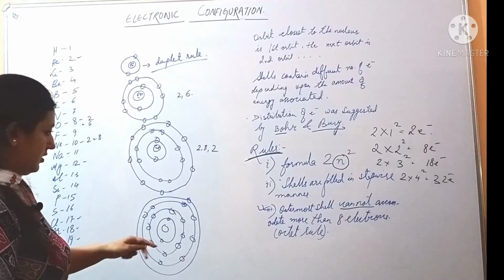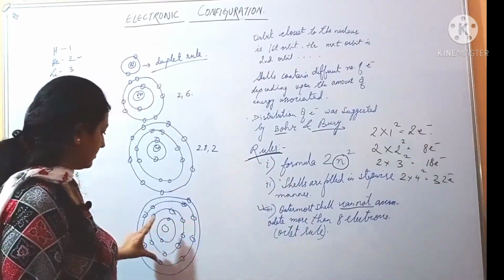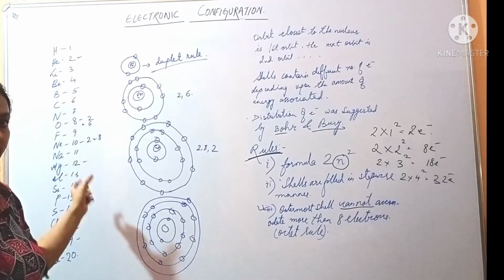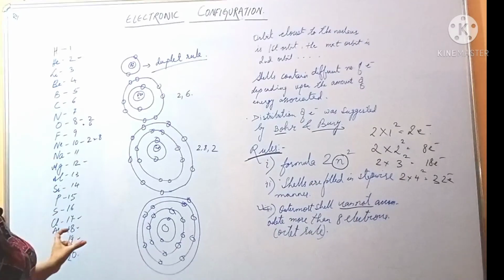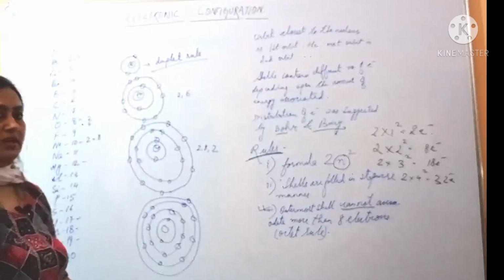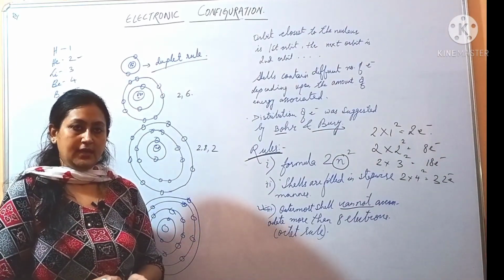You don't have to learn these rules. I'm again telling you, you just need to learn these 20 atoms with their atomic numbers, and what you need to do is practice 2 to 3 configurations daily.